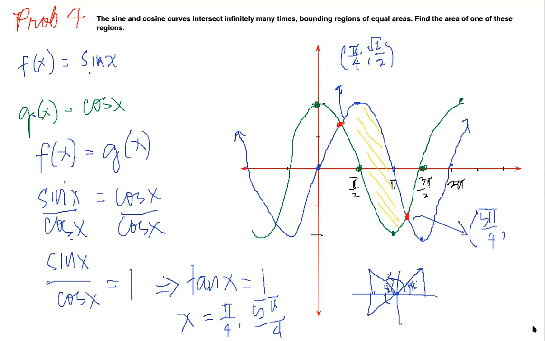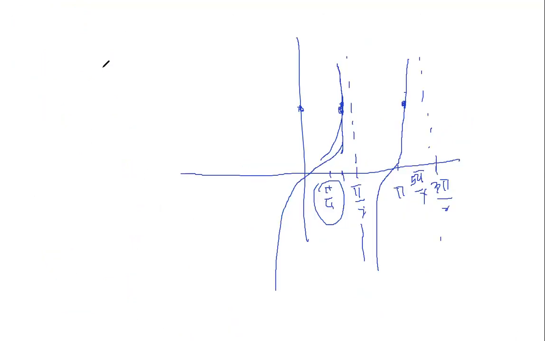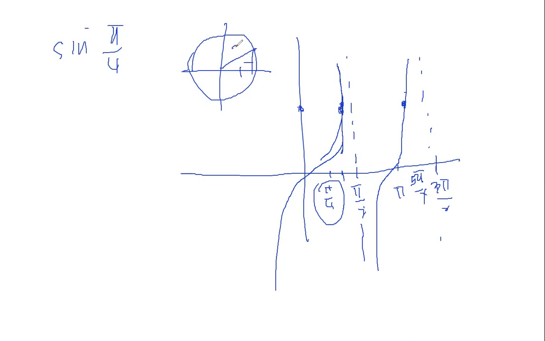Okay, so let's solve that here to make sure. Sine pi over 4. If we have a unit circle, pi over 4, these are equal. So ones, square root of 2, square root of 2, this is 2.